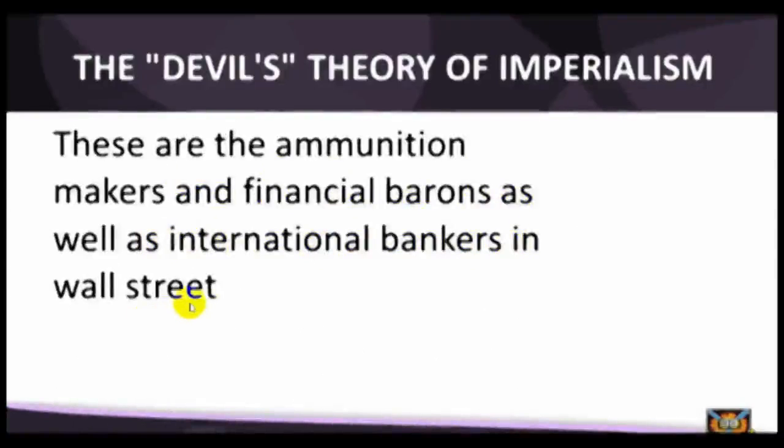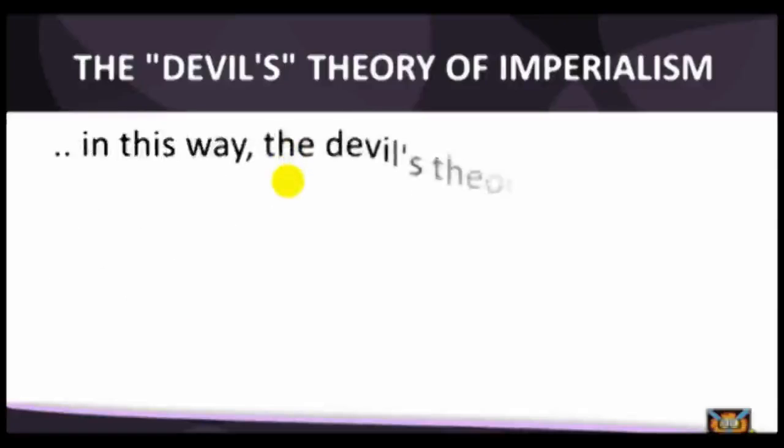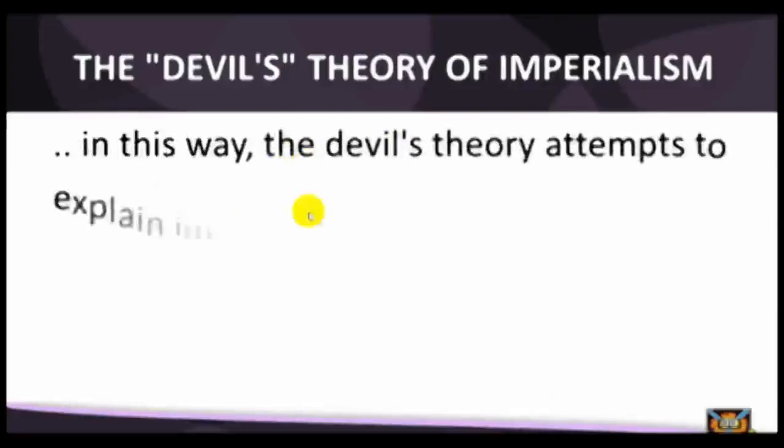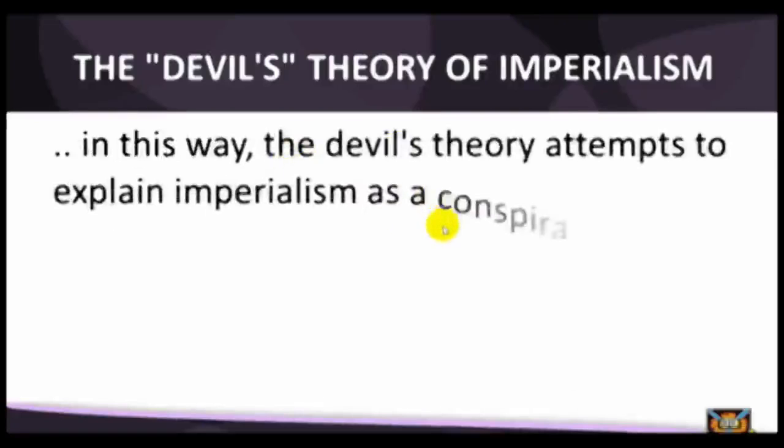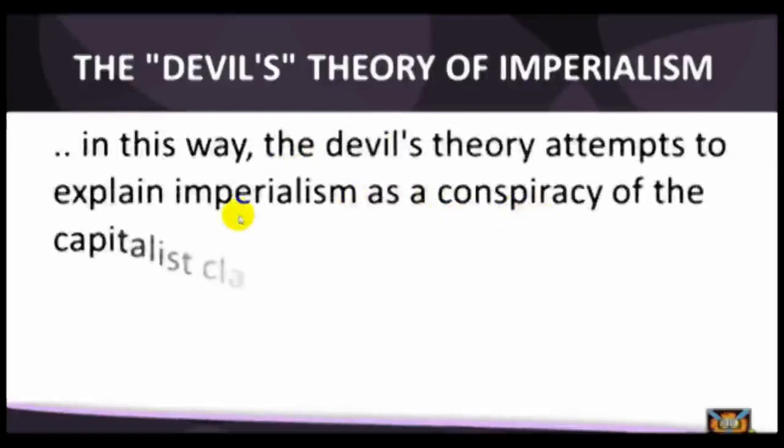The theory then proceeds to draw the conclusion that these categories of people, since they profit by warmongering, exert pressure on governments to wage war and engage in expansionist and predatory policies. In this way, the devil's theory attempts to explain imperialism as a conspiracy of the capitalist class.